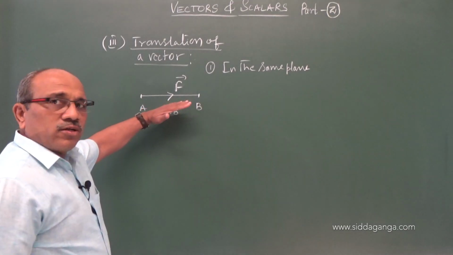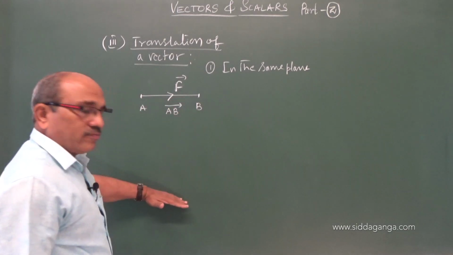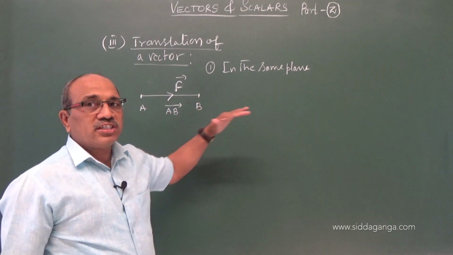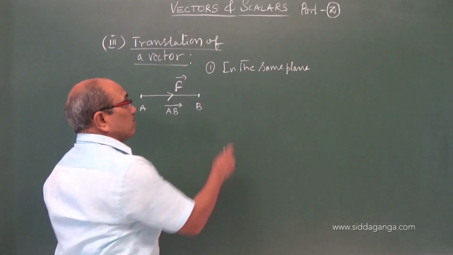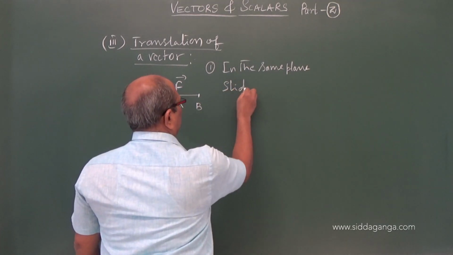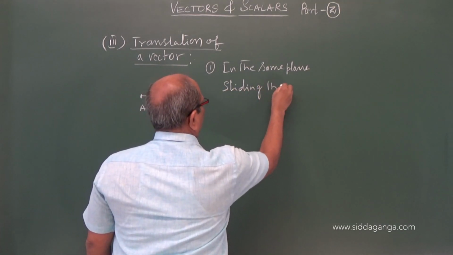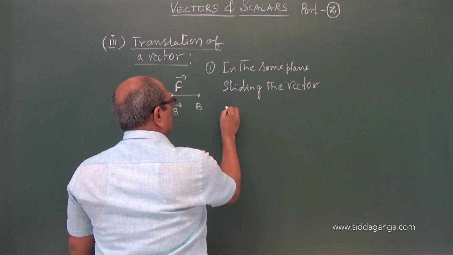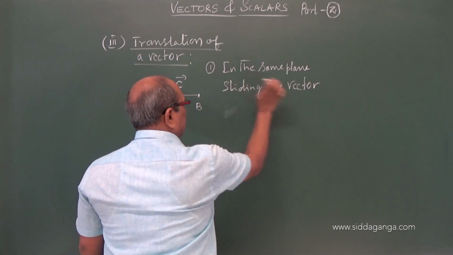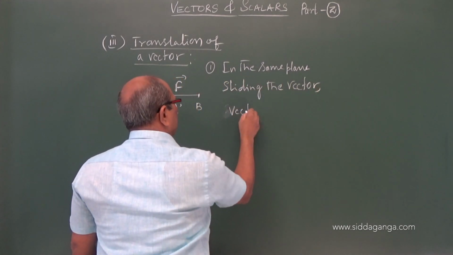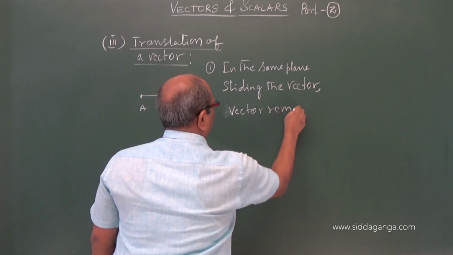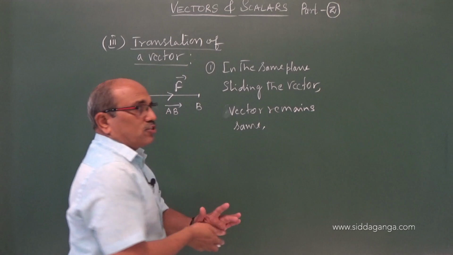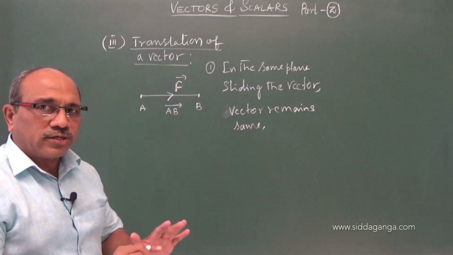In the same plane, we can drag it downward, upward or sideward, and it will not change the vector. Sliding the vector remains the same. That means its value is not changing, both in magnitude and direction.